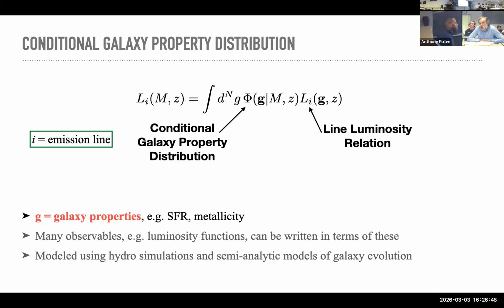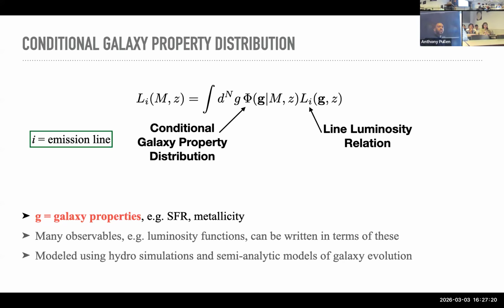If we take the full population of galaxy properties, where G is a vector containing all the galaxy properties we'd be interested in, like the star formation rate, metallicity, or stellar mass, you can imagine that the average total luminosity for a particular mass can be written as the distribution of the luminosities given the galaxy properties, marginalized over the full distribution of properties.